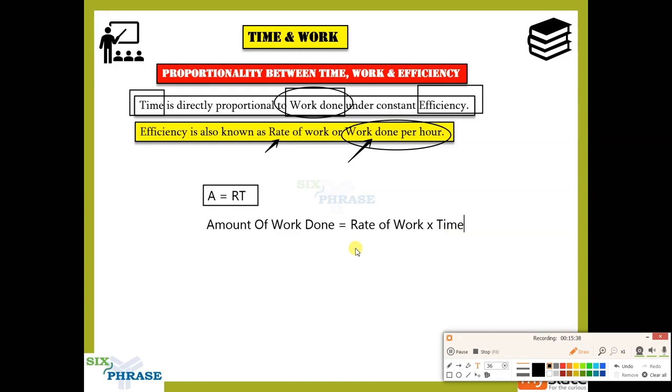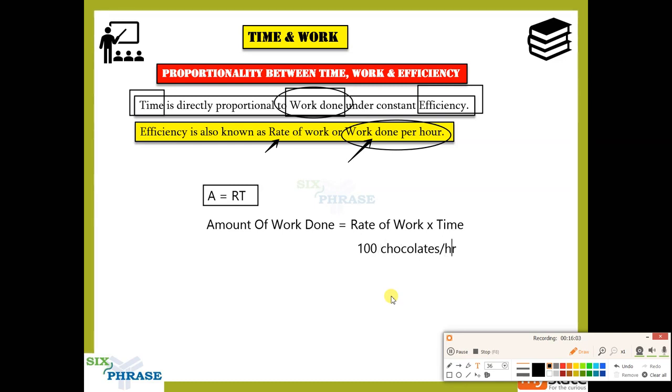Let me give you an example of this. Let us say somebody eats 100 chocolates per hour. This is the rate of work. That guy is eating 100 chocolates per hour.